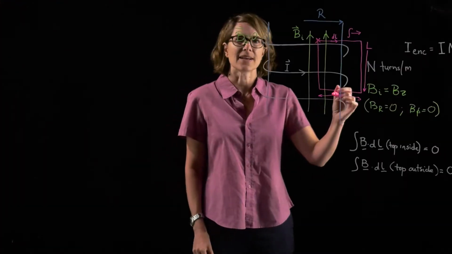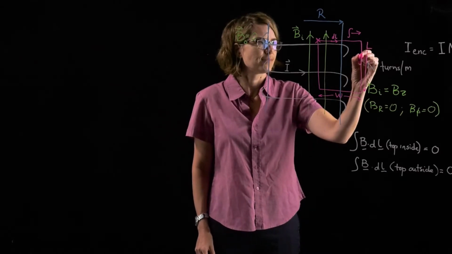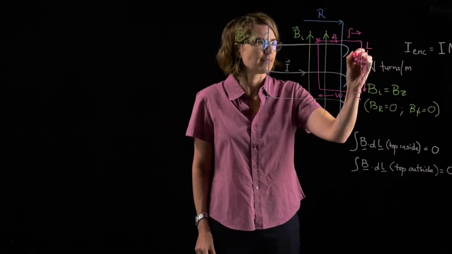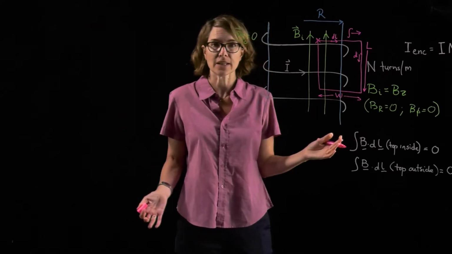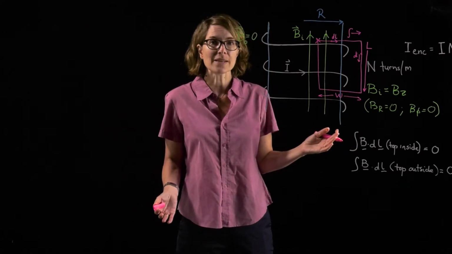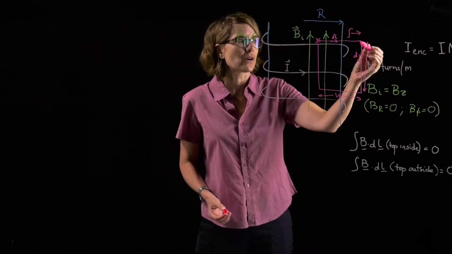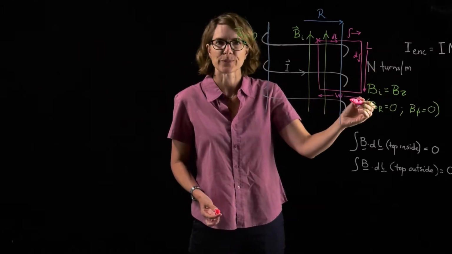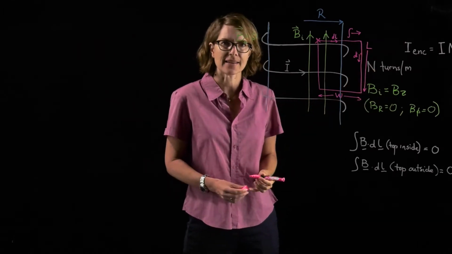Going down the right side, there's no magnetic field. So B dot dl is going to be 0 all the way from top to bottom, down that length L.